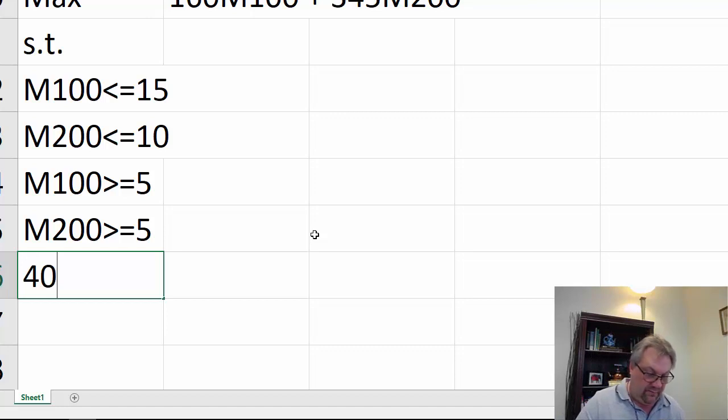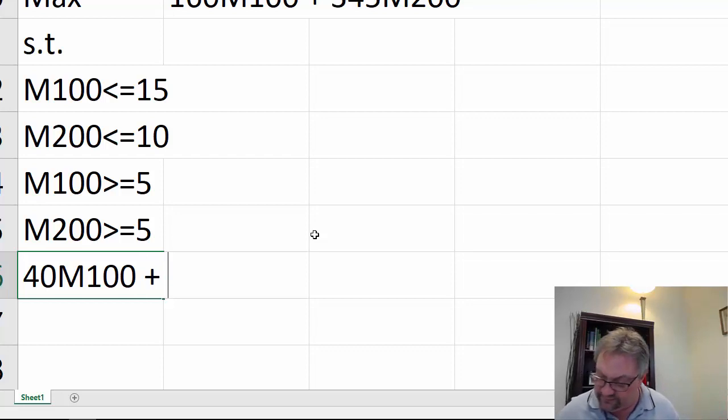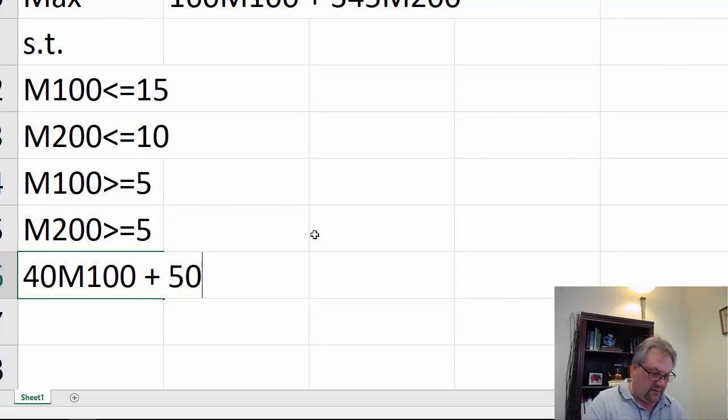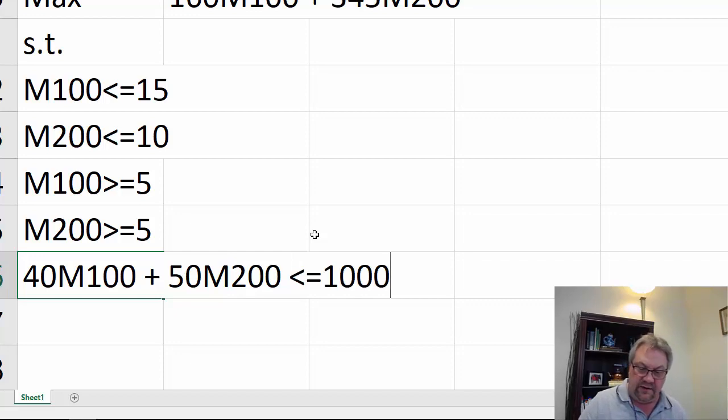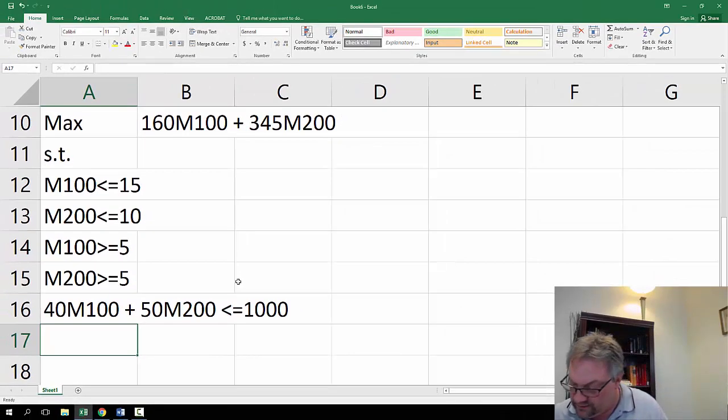So 40 times the number of hours of the M100 plus 50 pounds per hour for the M200, right? This has to be less than or equal to the 1,000 pounds of the chemical that's going to be available for next week. So, there you are. There is your problem in a nutshell.